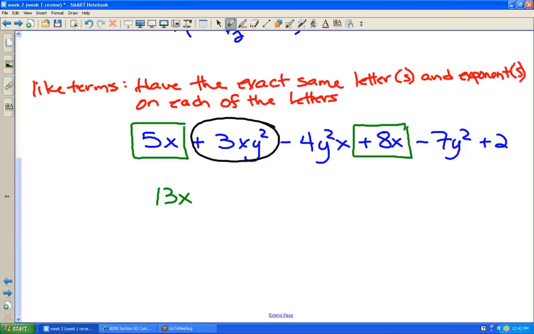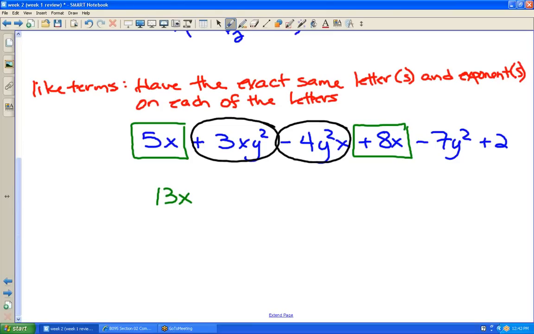I have a y squared and a plain old x. It actually does match, even though they're in a different order. Usually we keep things alphabetically, but if they're trying to mess with you on a problem, they're going to put them in whatever order they want. Remember, you're just looking for the same letters, same exponents on the same letters. So that matches with this. Notice how that minus sign stayed in the circle, plus sign is in the circle or the box.